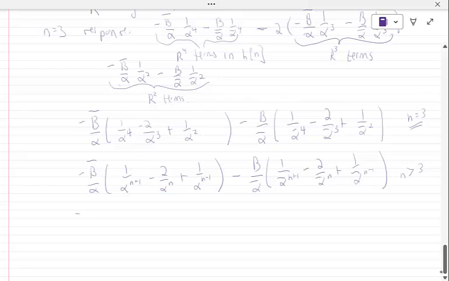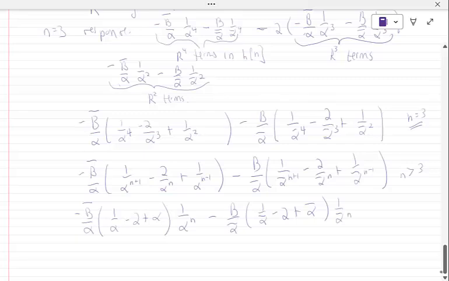I could write it minus beta over alpha, and then I could write this as 1 over alpha minus 2 plus alpha times 1 over alpha to the n, minus beta over alpha bar. And this is a beta bar. And this is going to be 1 over alpha bar minus 2 plus alpha bar. So you can see times 1 over alpha bar to the n.